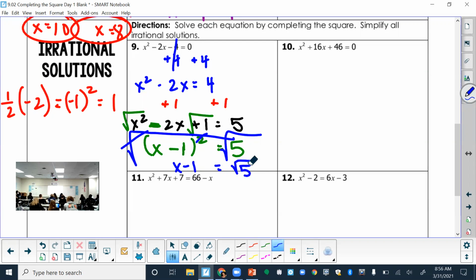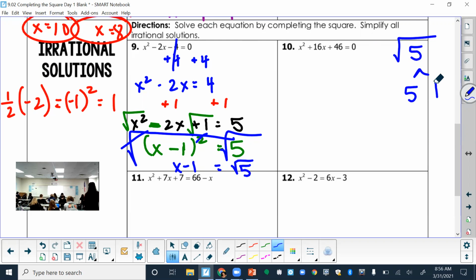So what we have to do then is just make sure that the radical is as simplified as possible. So this is kind of a look back into what we did a long time ago. But to simplify radicals, we need to make a factor tree. So what are factors of 5? 5 and 1, right?